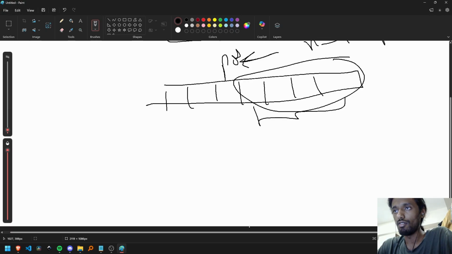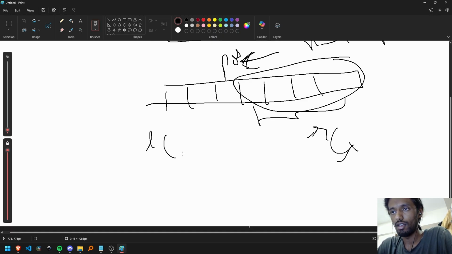If we have x people facing this way, then on this side k minus x people should be facing this way. Here, if we have r positions and we have to select any x people to look this way, that would be rCx, and similarly here it would be lC(k minus x).